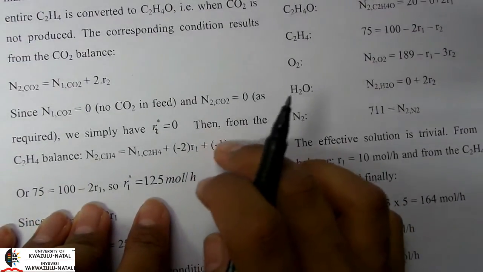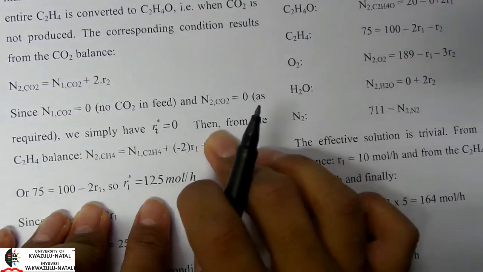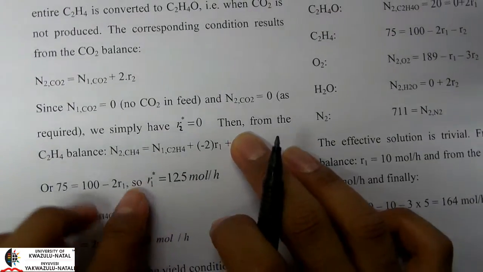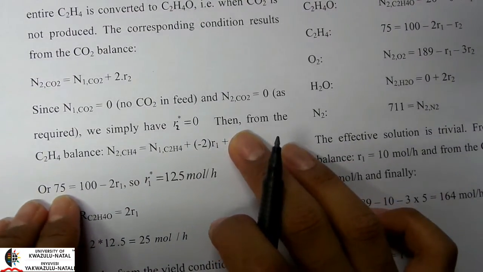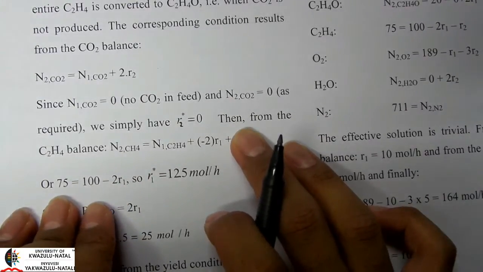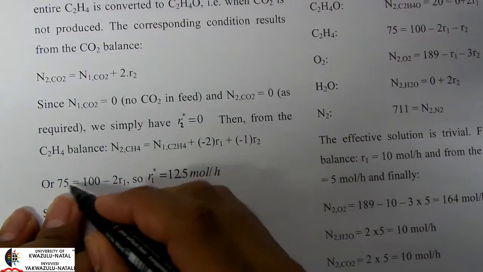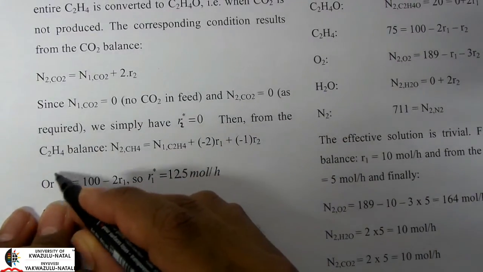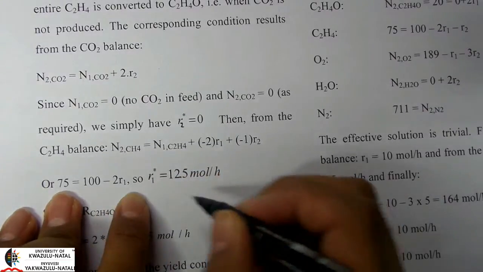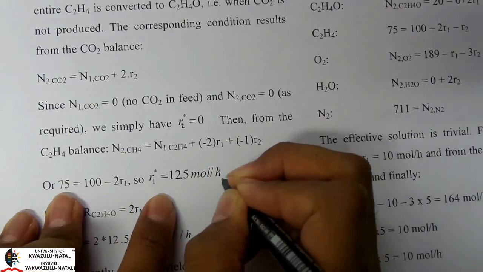and as we've previously calculated, our R2 star would be 0 in the case of maximum production rate. We know what our output is. Okay, we've calculated that from our conversion, and so we get the following: our output is equal to input minus 2R1, and therefore our R1 star is 12.5.